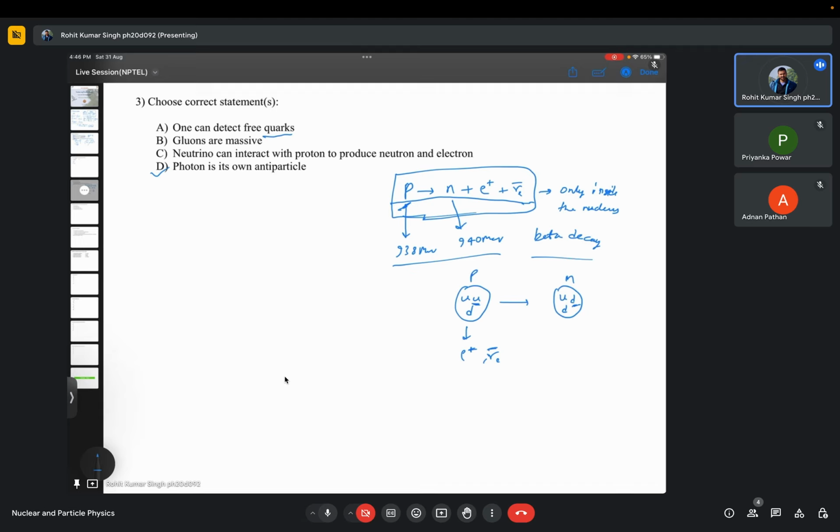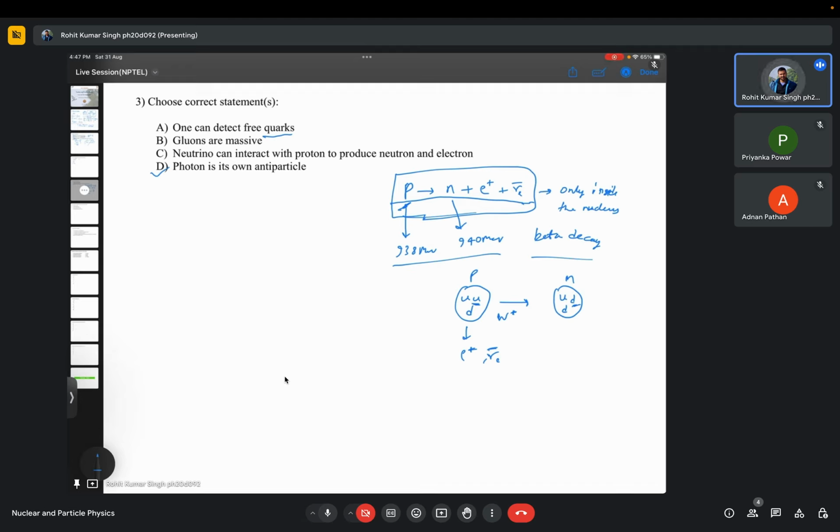And this interaction happens through W plus boson, I guess. So yeah, this statement is not totally correct, because if W boson could interact with proton to produce neutron and electron, then it would have been true.